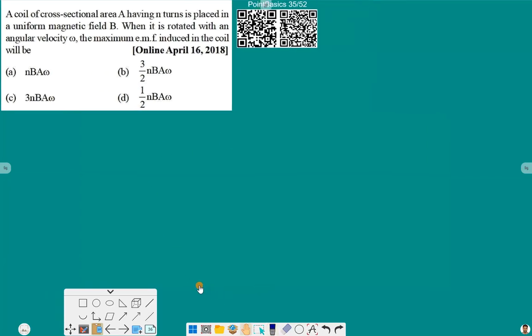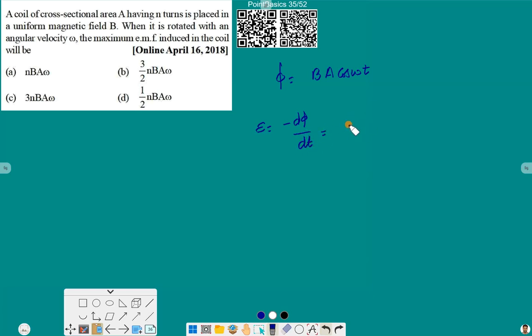In this case, flux will be B A cos of omega t. Now this is the flux. We can find out the induced EMF. Induced EMF will be minus d phi by dt.